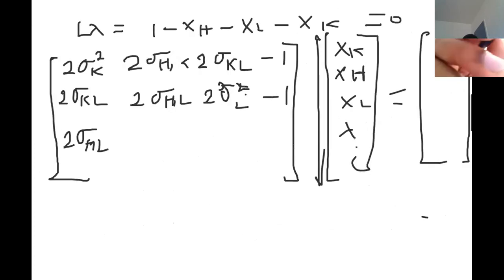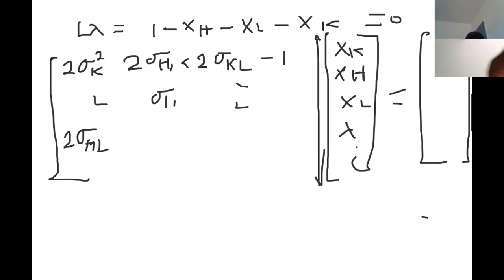So from here, let me clear this part. So let's see. The first one is K. The second one is H. The third one is L. Okay, let's look at this.